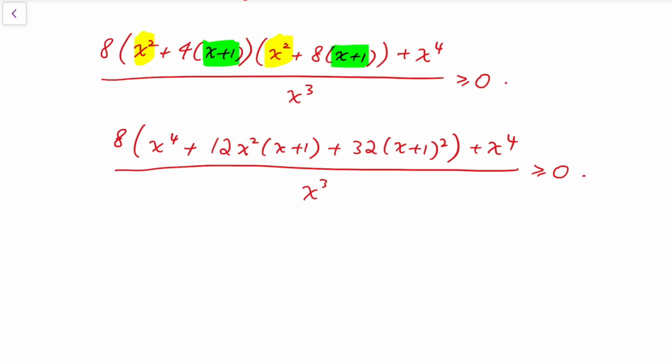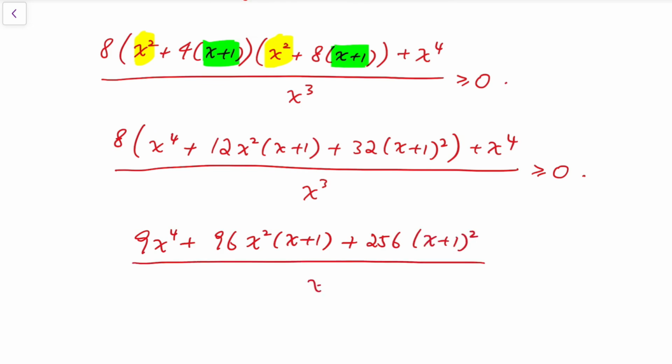Now, we have terms of x to the power 4, x squared times (x plus 1), and (x plus 1) squared. So by adding the extra x to the power 4, we actually have, again, something very close to some quadratic expression, and let's see whether we can factorize it.